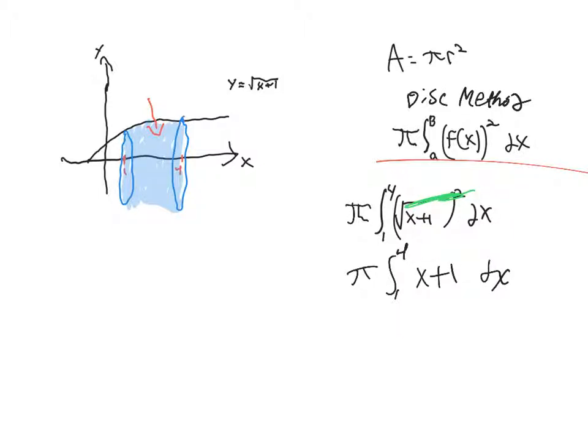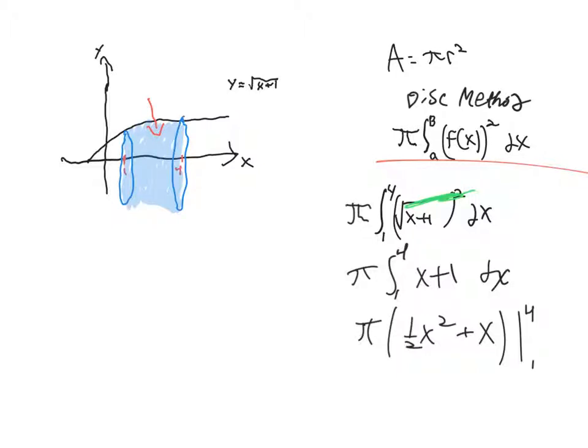Now the antiderivative of x is 1/2 x squared, plus the antiderivative of 1, which is x. And you're finding this from 1 to 4. And now we know that we need to find the antiderivative at 4 minus the antiderivative at 1.